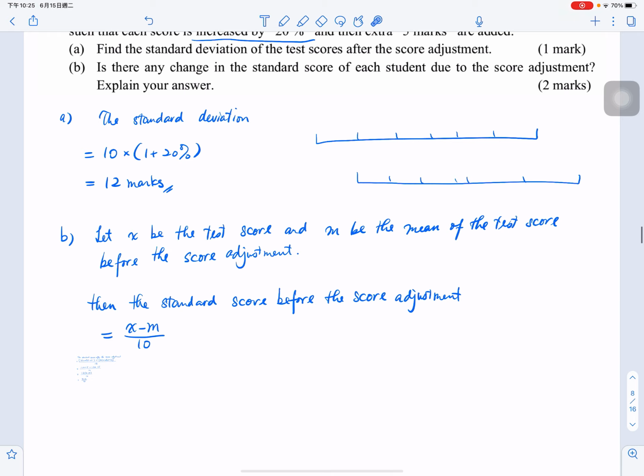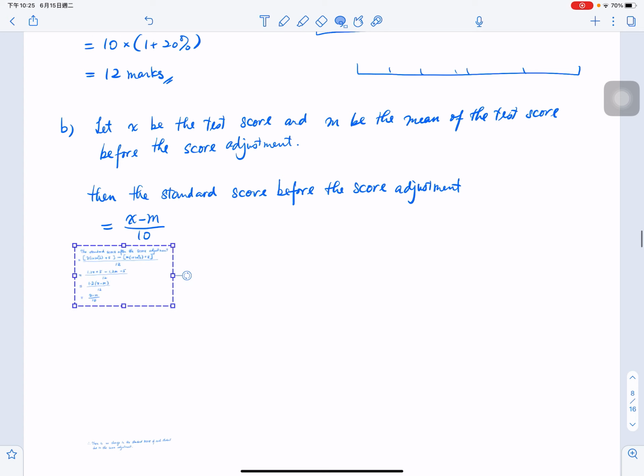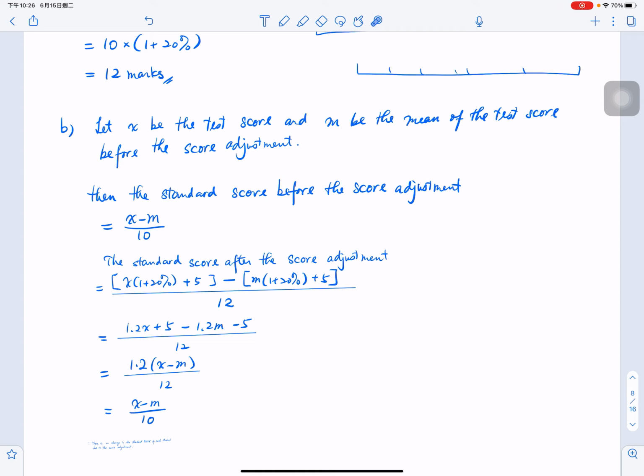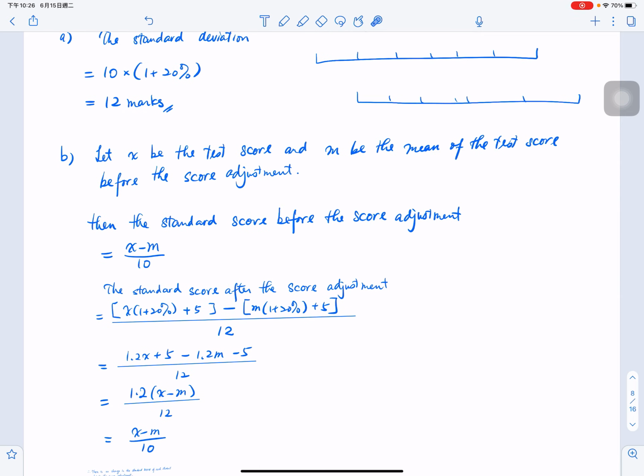如果改變咗嘅話，又會點樣樣呢？我哋睇睇咯。Now the standard score after score adjustment will become this. 每個分乘大咗20% 加5分 ，mean 自然都會係乘咗大20% 再加5分。So this is the distance, and then divided by the new standard deviation, 12.